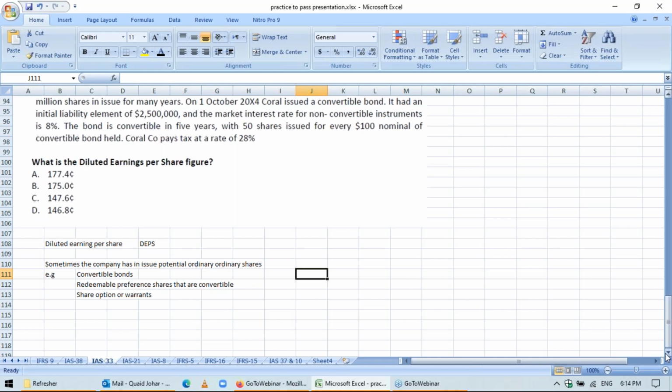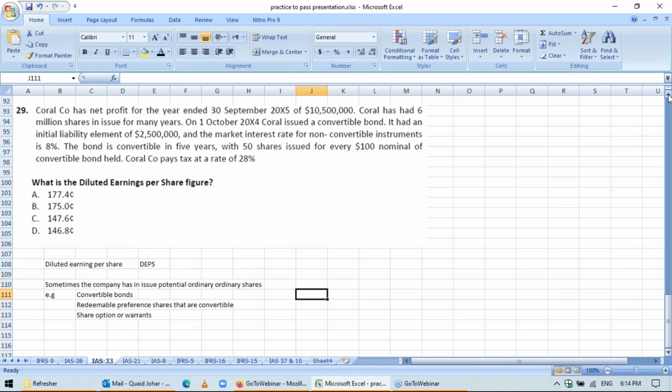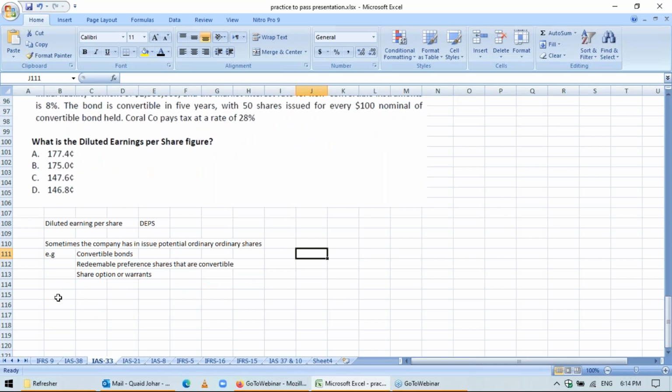So what is the procedure for calculating diluted earnings per share? Two things will happen in case of diluted earnings per share. Our normal EPS formula is the net profit divided by the weighted average ordinary shares, right?